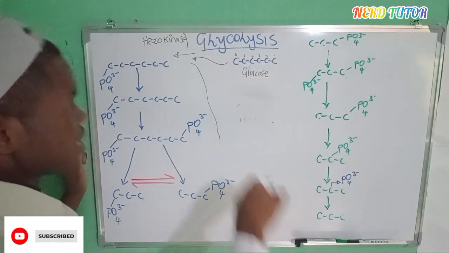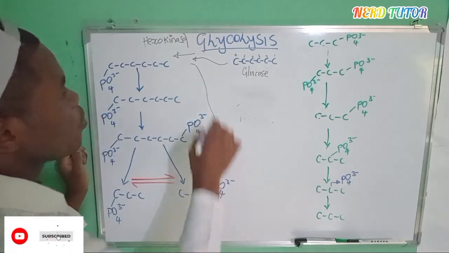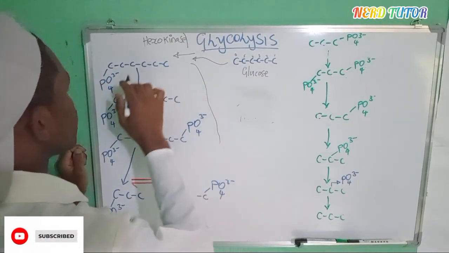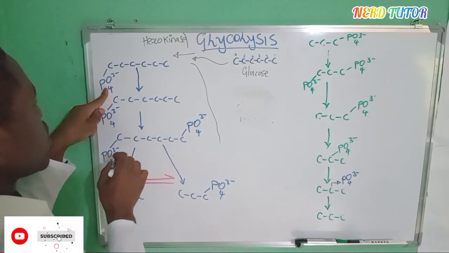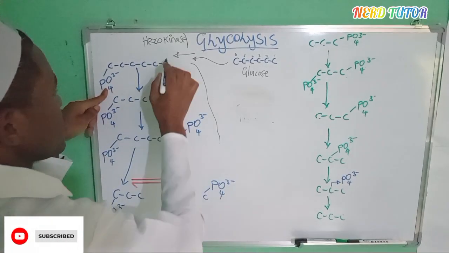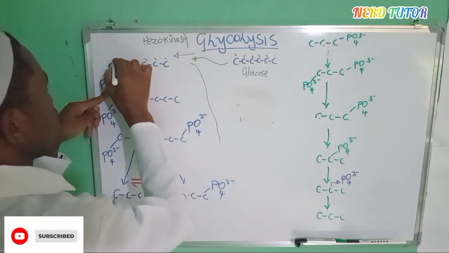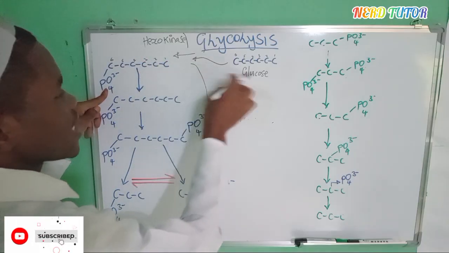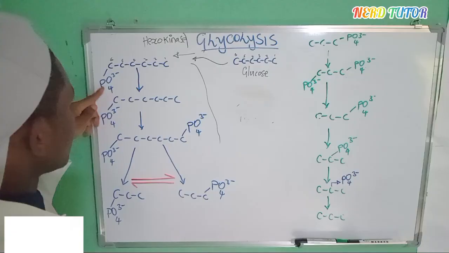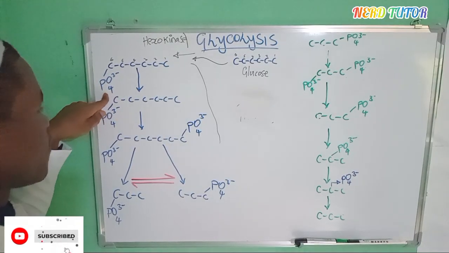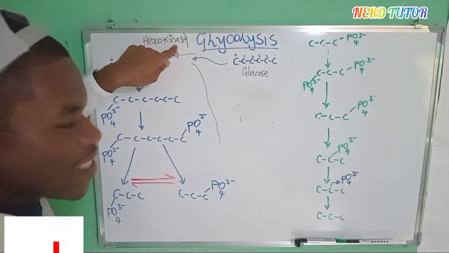So to prevent that, this enzyme will bring a phosphate and attach it here to the glucose molecule. As you can see, this is also a glucose molecule. This is 1, 2, 3, 4, 5, 6. This is the same glucose molecule which has entered. Now it has been attached with a phosphate by the hexokinase enzyme.